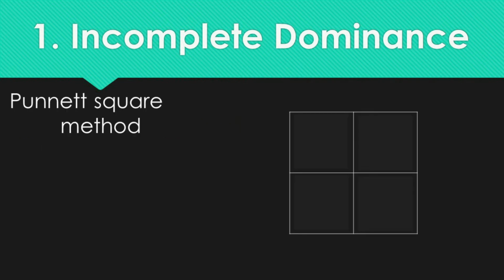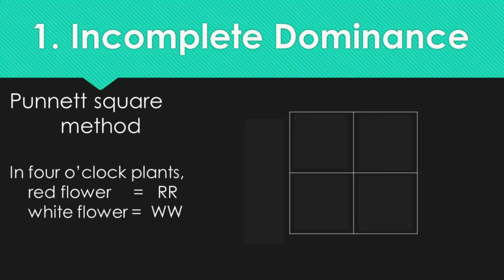To understand more how these traits or genes are passed from parents to offspring, we will use Punnett square method. On one side of the square, we are going to put the genotype of one parent, which is the red-flowered 4 o'clock plant, one gene for each gamete or sex cell.